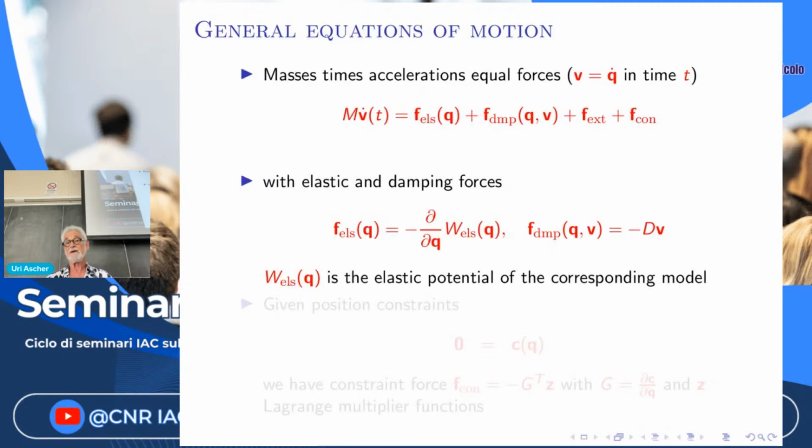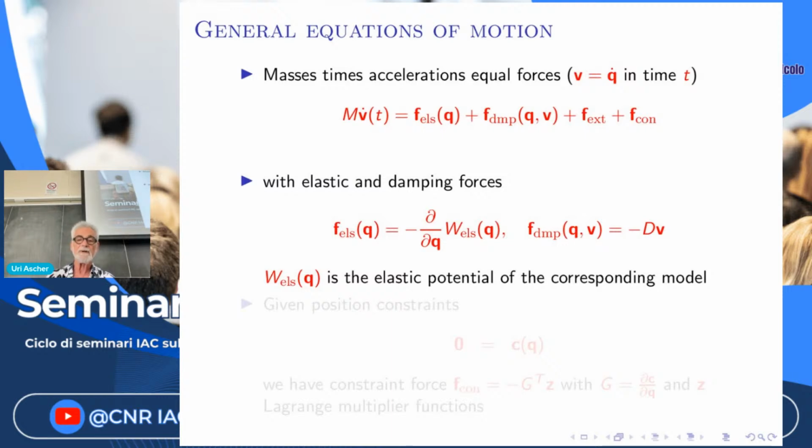And the equations that are solved are Newton's second law of motion: masses times accelerations equal forces. So q are those nodes of the tetrahedral mesh. v are their derivatives in time, velocities. And masses times accelerations are the forces. The forces are the interesting guys here. There's elastic force, the most important in some sense.